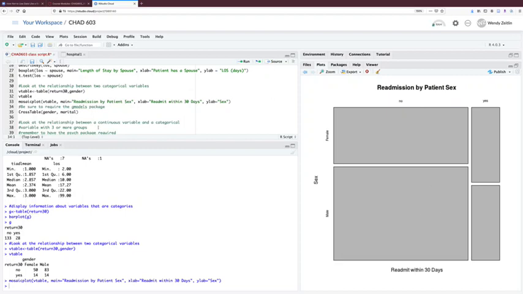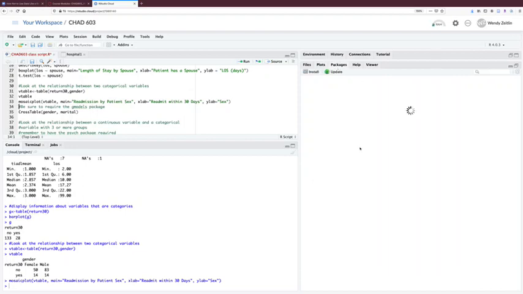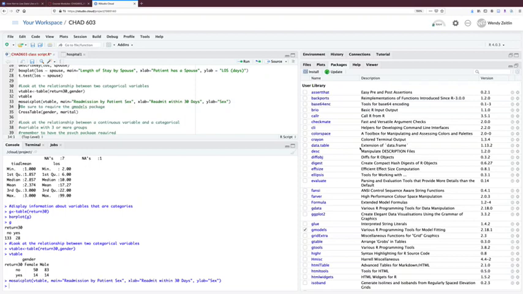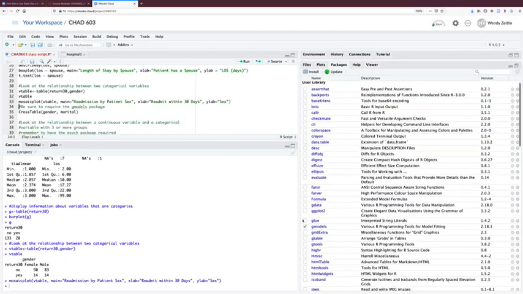Now we just need to make sure our gmodels package is required. We have that reminder here, and it is. And so we will switch the order that we had that in. It just makes it a little bit easier. Now it's still the same function that we used before, but now we're going to put in the option to do the chi-square test.